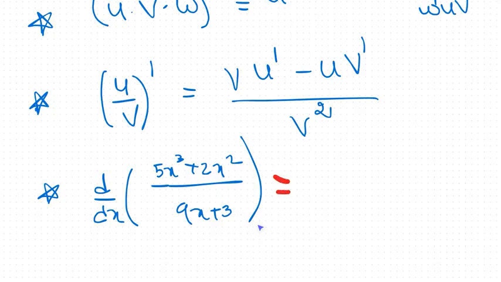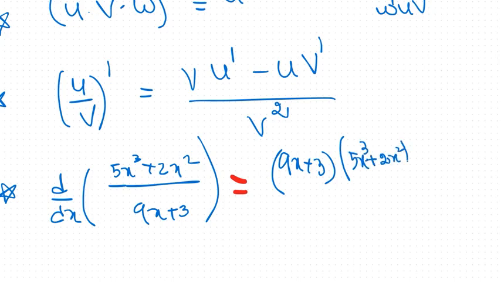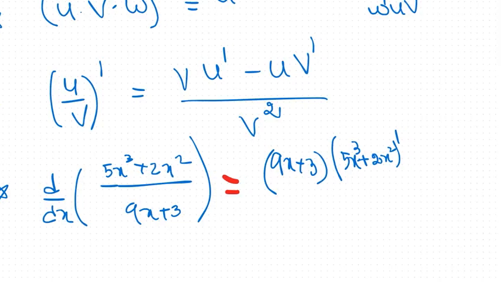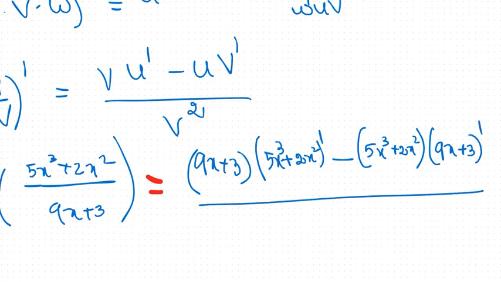So first, how to write this: 9x plus 3 into the derivative of 5x cube plus 2x square, minus 5x cube plus 2x square into the derivative of 9x plus 3, divided by (9x plus 3) square, the denominator square.